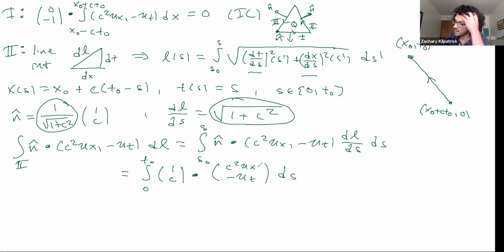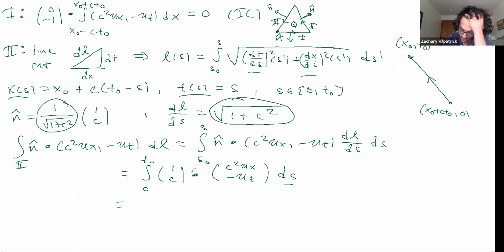within these functions ux and ut now, I'm going to have my xs and my ts, okay? So the way that I project this down to just a parameterized integral is that I just have my parameter be the sole variable that I'm changing in this integral, okay?